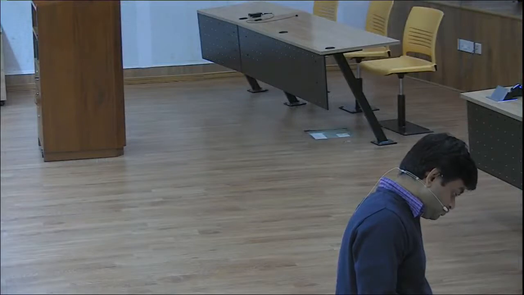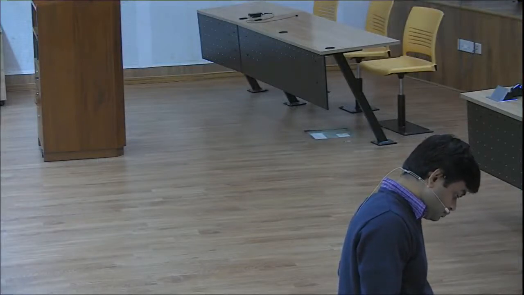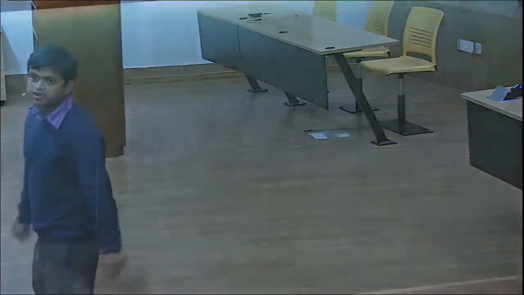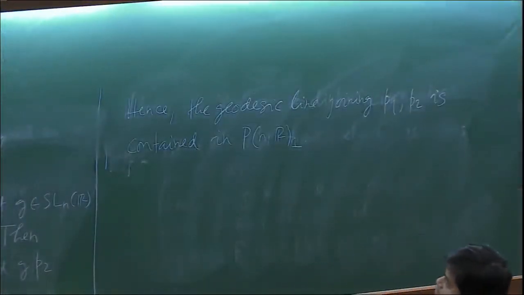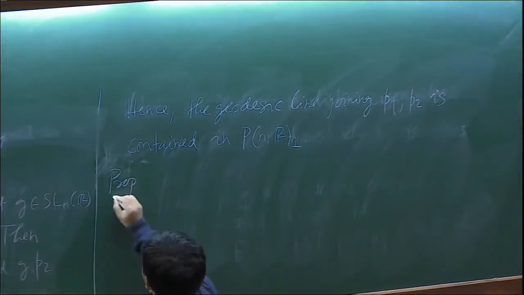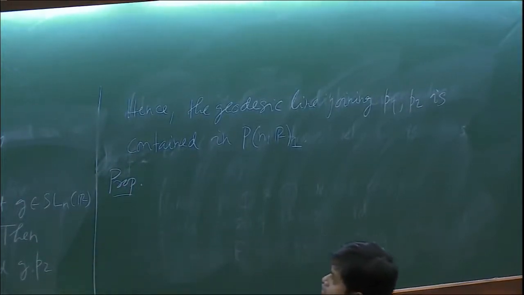And so all the things we have proved for PnR will be true for this one also. I'll just write them down as a proposition, and I'll make a remark on the proof.